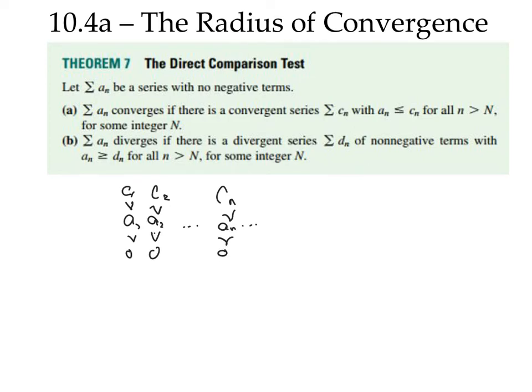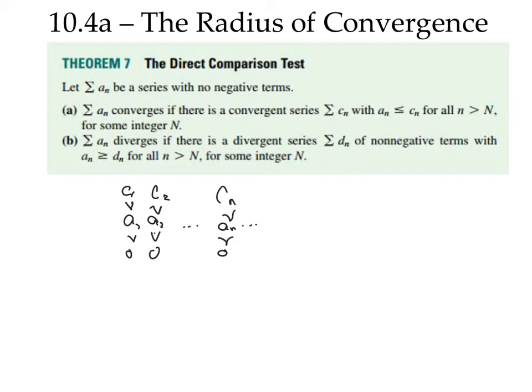If the C sum converges, then the A sum's trapped beneath it, and above 0, it would also have to converge. Secondly, if there's a series Dn that diverges that's trapped beneath An, then An will have to diverge also. And that should make some sense.